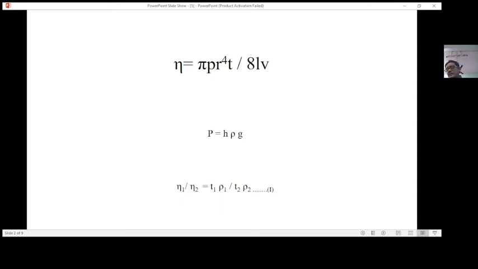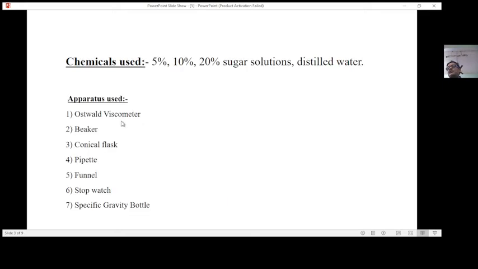So in this practical what we have to do is compare between the time and rho, and get the viscosity of the different liquids. What are the chemicals we will take? First of all, the reference is pure distilled water.